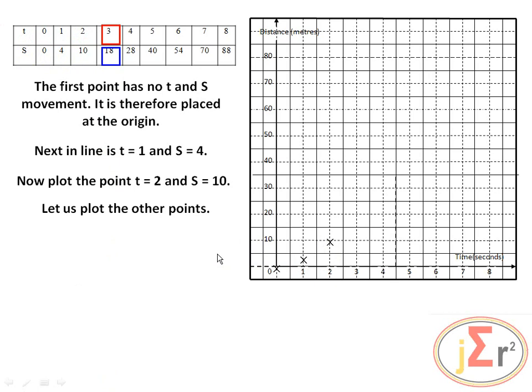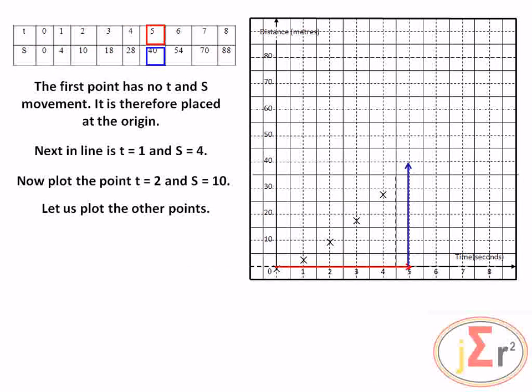Let us plot the other points, and we are going to do the same thing. So we have 3, 18, so 3 for the t and 18 for the s. We have 4 for the t and 28 for the s. Next we have 5, 40.